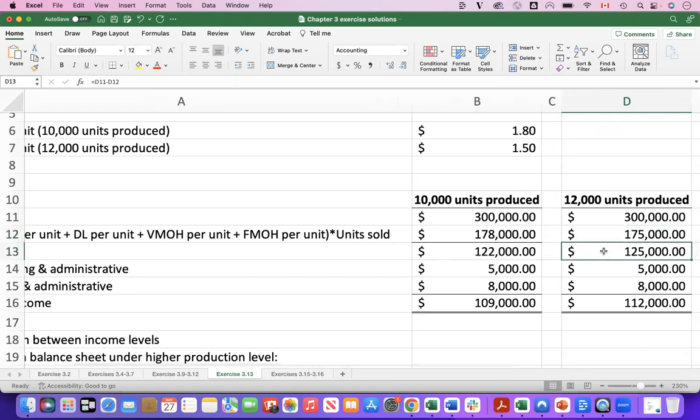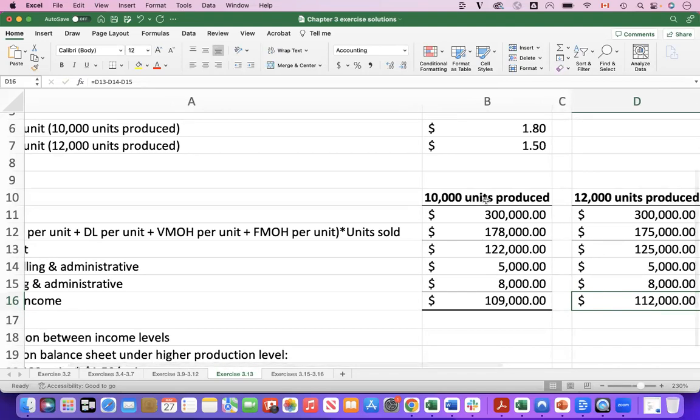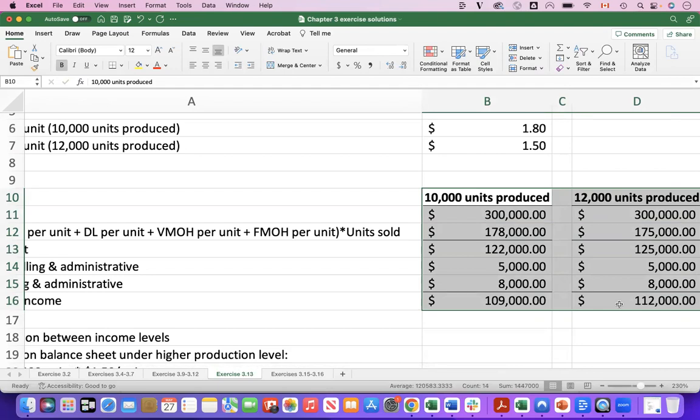Because of that, you'll notice now gross profit is higher by $3,000 under this activity level, and our bottom line is higher by $3,000 at this activity level. So in this scenario, if we just look at the income statements for this department, it's clear that we should produce more because it drives up our income.